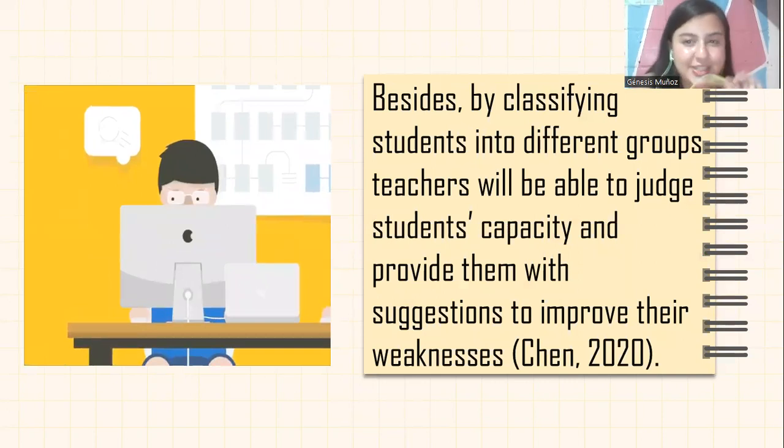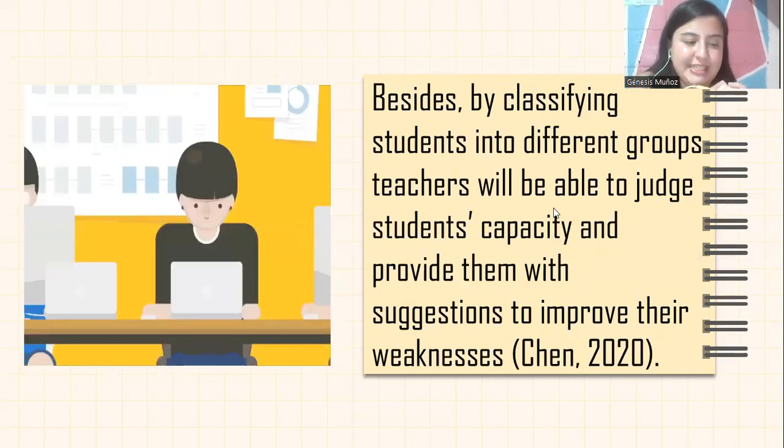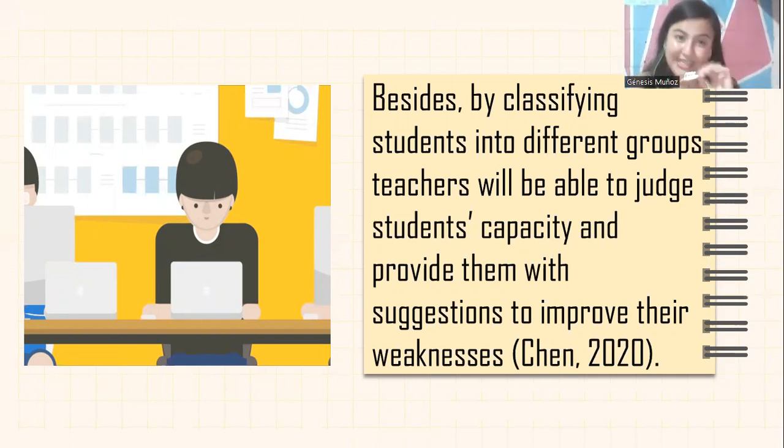Besides, by classifying students into different groups, which is an example of formative decisions, teachers will be able to judge students' capacity and provide them with suggestions to improve their performance. With providing suggestions, they are referring to giving students feedback, which is a really important part of formative decisions, and of the teaching process in general.